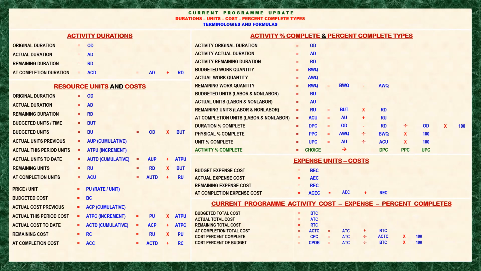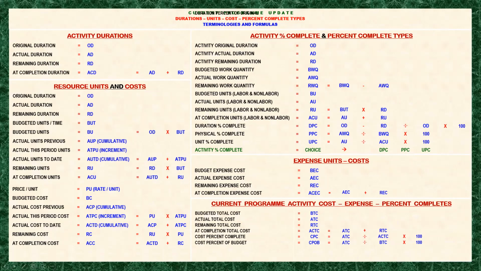This is the value that will be arrived at. So budgeted total cost is different from the at completion total cost when the project has already started or is in progress.